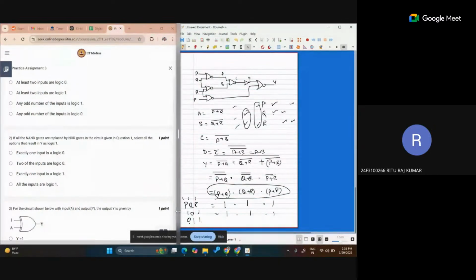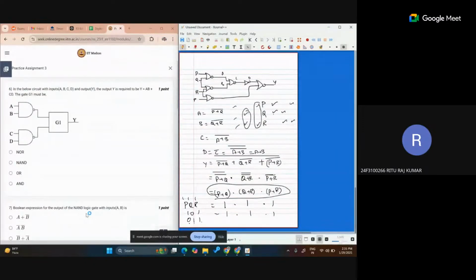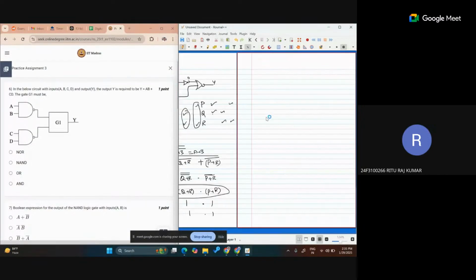And sir, another problem, number 6. Here I get an OR as an answer, sir. But it's a NAND. Okay, let me check it. So I want Y is equal to AB dot CD. The first gate takes the inputs, where P is AB the whole bar and the other should be CD the whole bar.